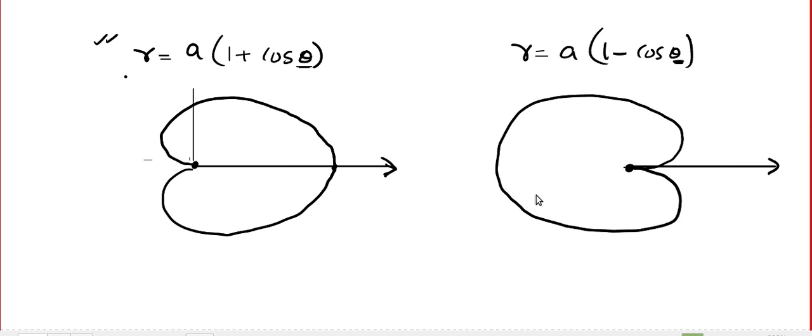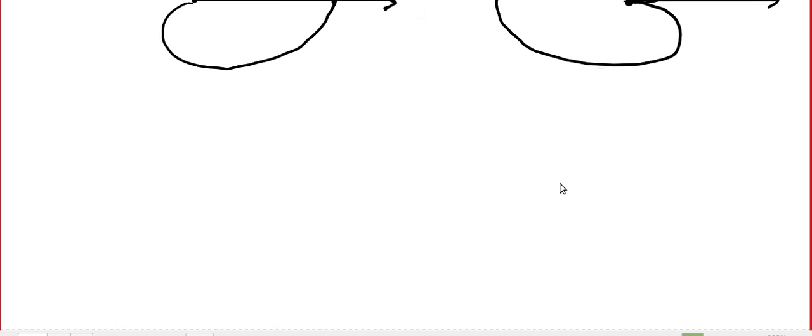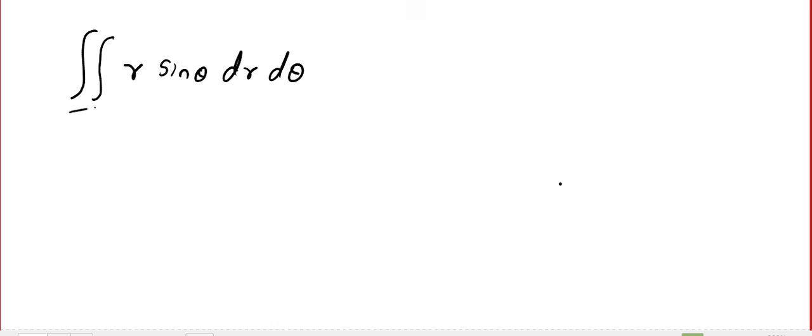Okay, now let's try 1 or 2 problems based on polar but multiple integrals. So you can write the question: evaluate the double integral r sin theta dr d theta, and the region of integration is given.